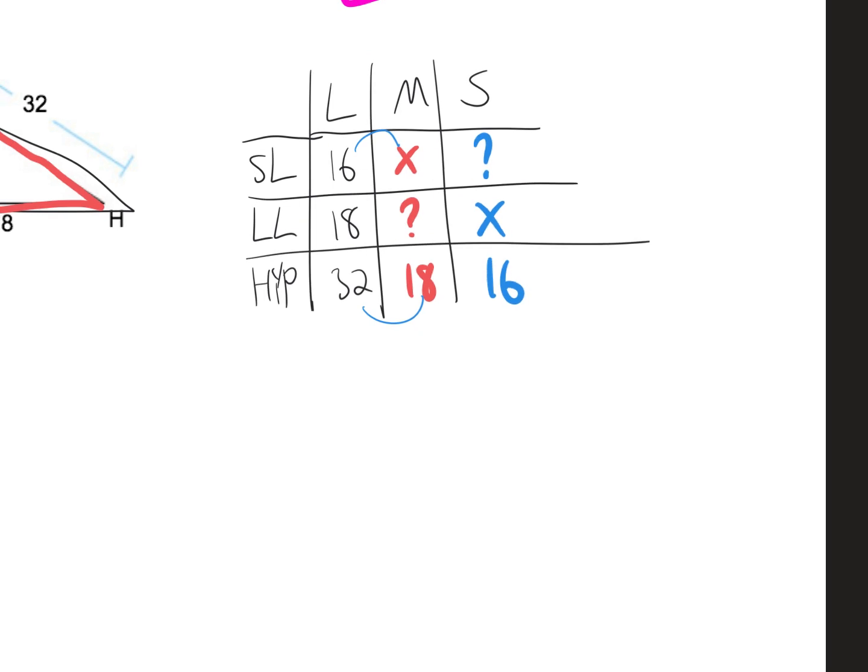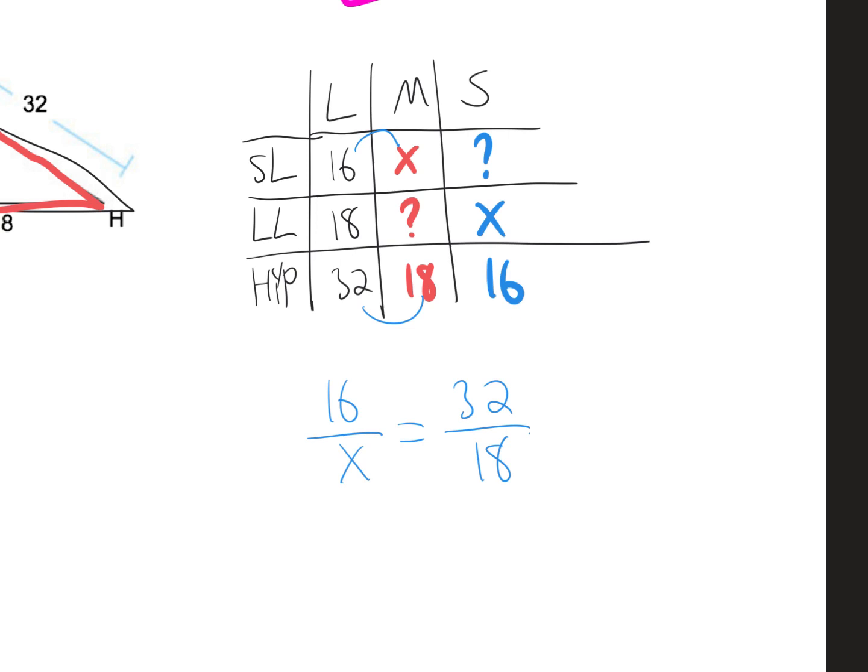So we do 16 over x, the short legs match up, equals the hypotenuses together. So we have 32 over 18. Okay, that's an equal proportion. Because they're similar figures, the sides are going to be proportional. So 16 will match with x, and 32 will match with 18.